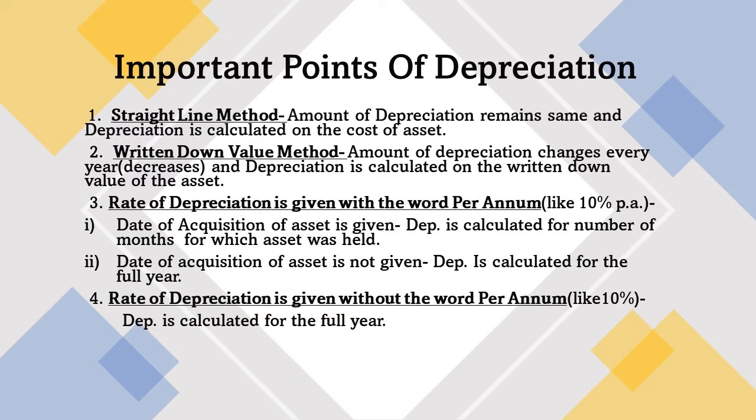First, under the straight line method, the amount of depreciation remains the same, as we have discussed in our previous video also. And depreciation is calculated on the cost of the asset. This cost of the asset includes all kinds of expenses that are incurred for making the machine or the asset useful for the business, like its erection, its installation, its carriage, etc. And under the written down value method, the amount of depreciation changes every year.